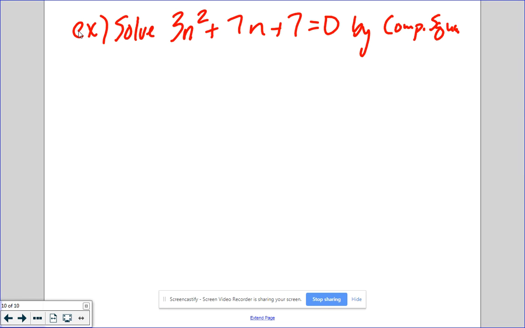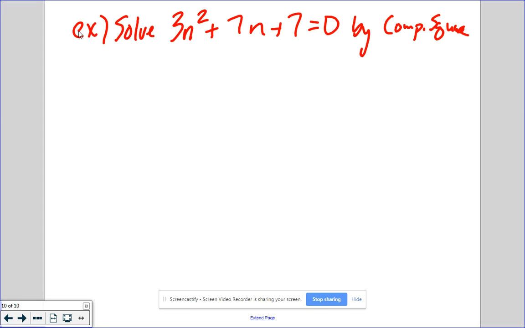All right. So yesterday, the example we had, I made sure had nice numbers. I also want you to see that completing the square works when the numbers aren't quite as nice.